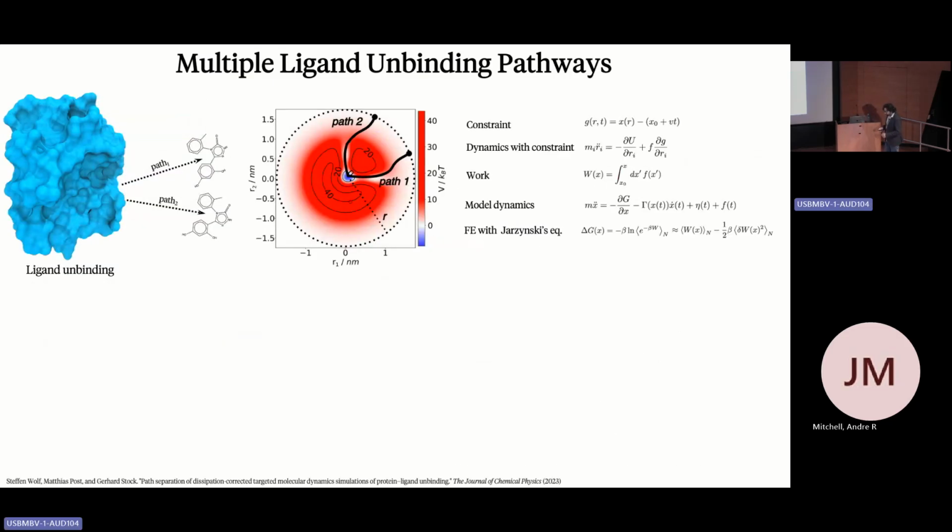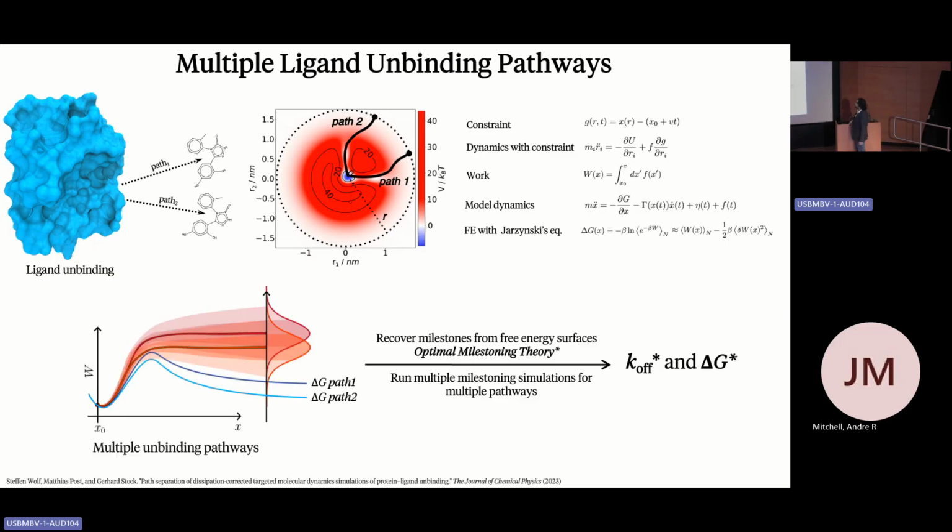So why I was worried about the outliers is when you pull it, you need to pull it very wisely. Because you pull it, you work on it, and the work leads to dissipation. You need to account for the dissipation. We worked with the Gerhard Stock group in University of Freiburg and Stephen Wolf on predicting how we can get these different unbinding pathways as well.